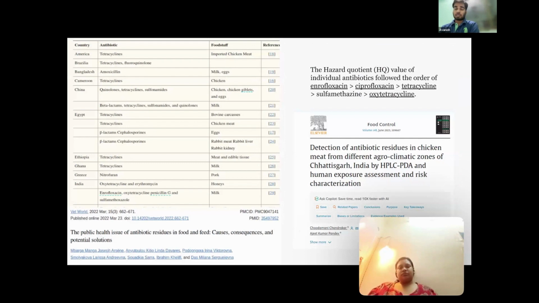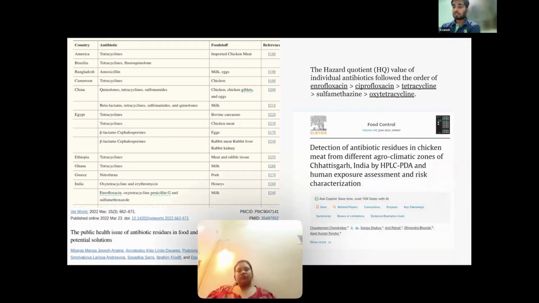Further inquiring, we looked at a paper, a little old paper from 2010, but it says that tetracycline is found in chicken meat across different countries.